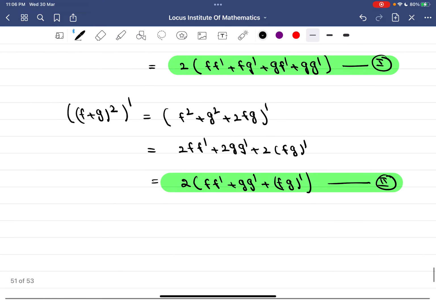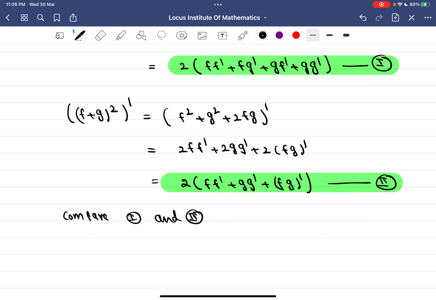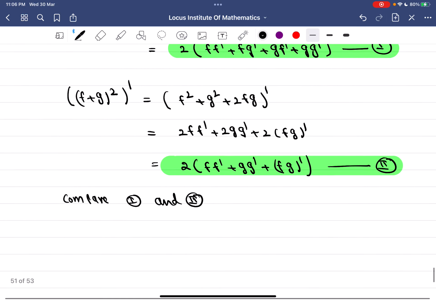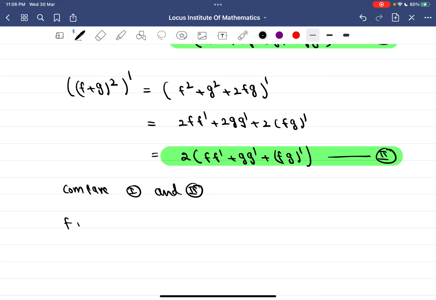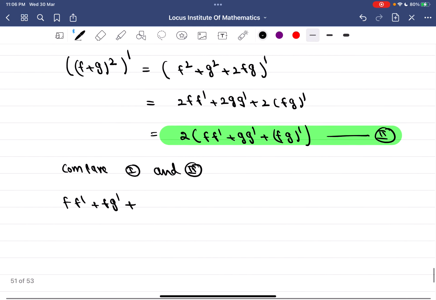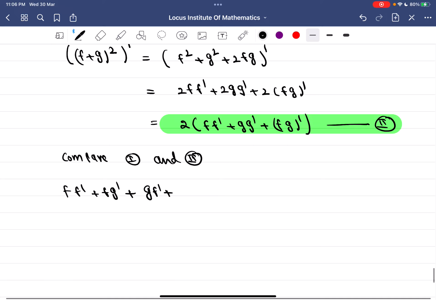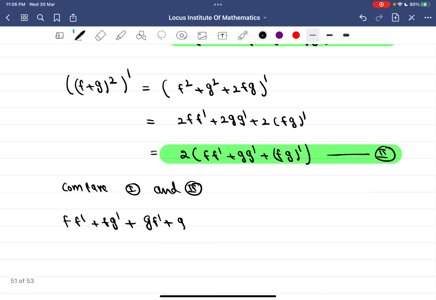So if you compare 1 and 2, then what you get here, 2 cancel, then from first one ff' plus fg' plus gf' plus gg' is equal to second one ff' plus gg' plus (fg)'.